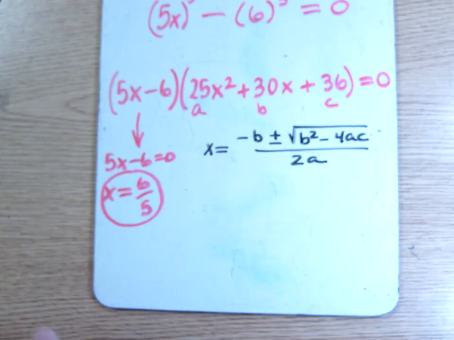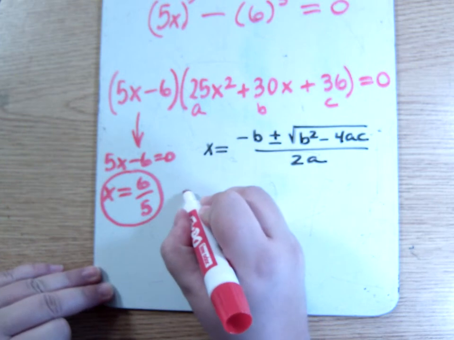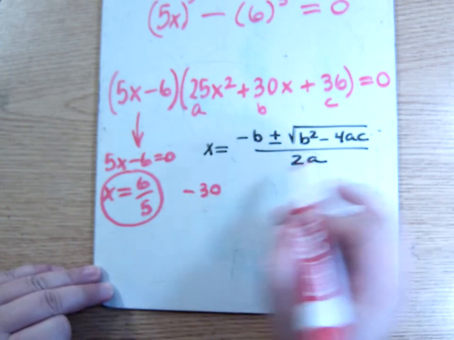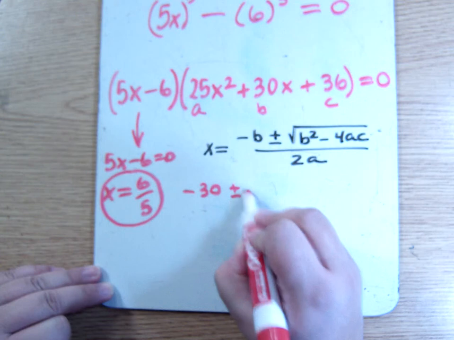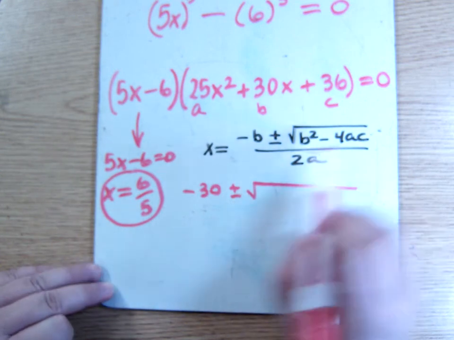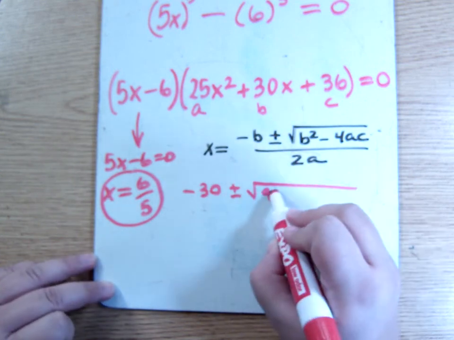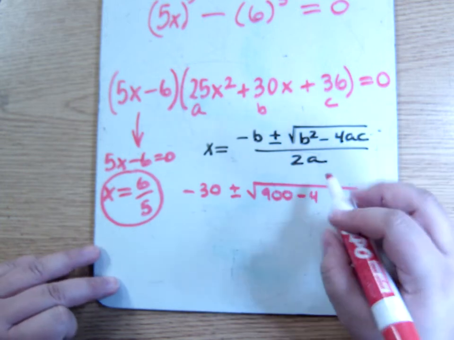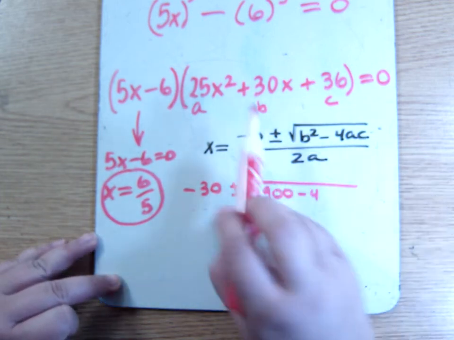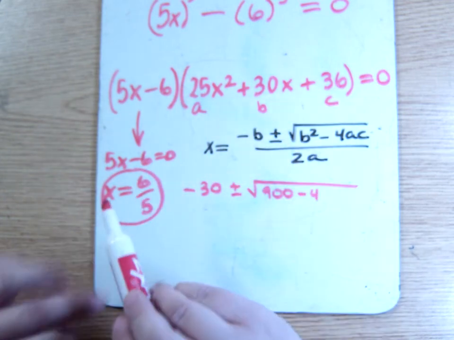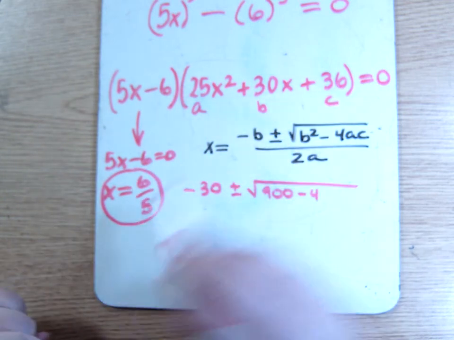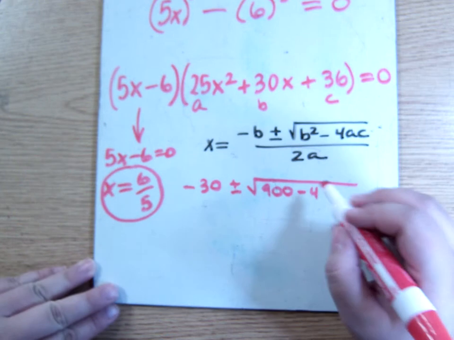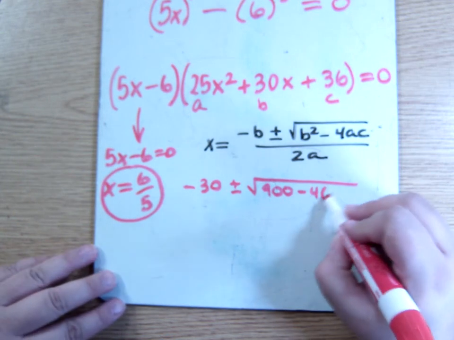So I have opposite of b, so that's negative 30 plus or minus the square root of 30 squared is 900 minus 4 times a times c. So I might want to go ahead and do 25 times 36 real quick on my calculator. I believe that's going to be 900. 25 times 36 should give you 900.